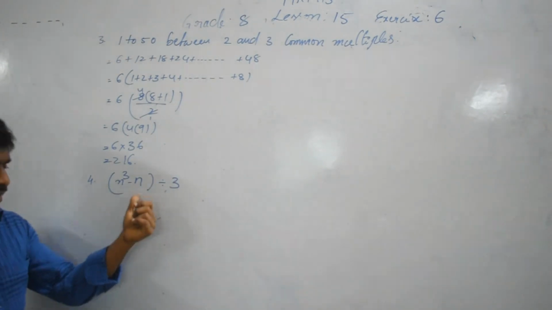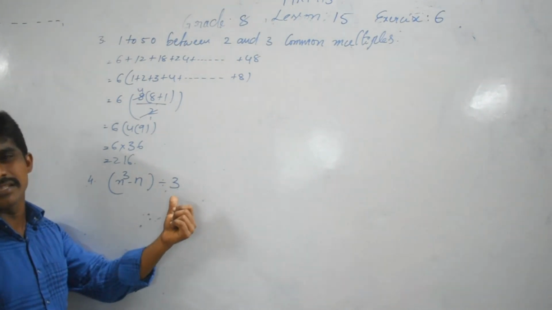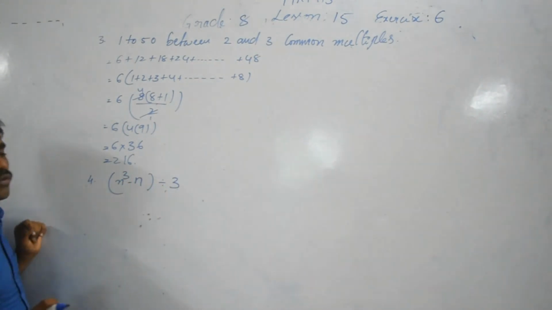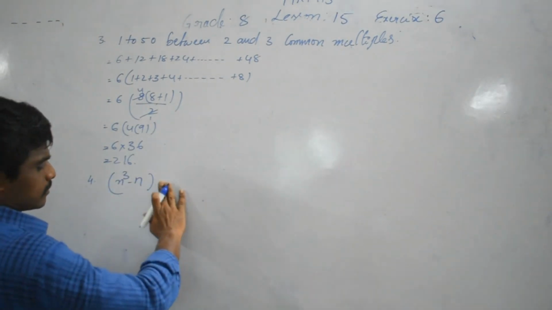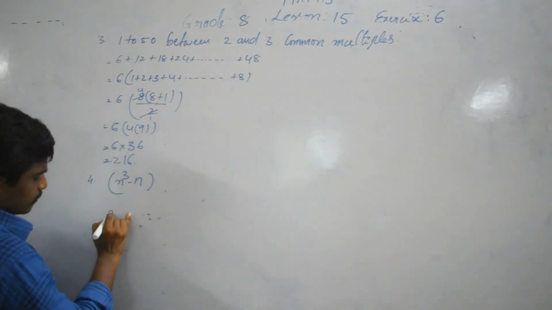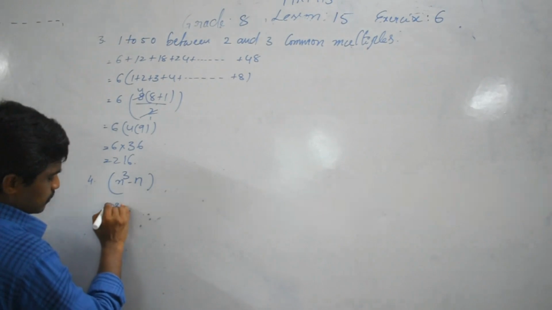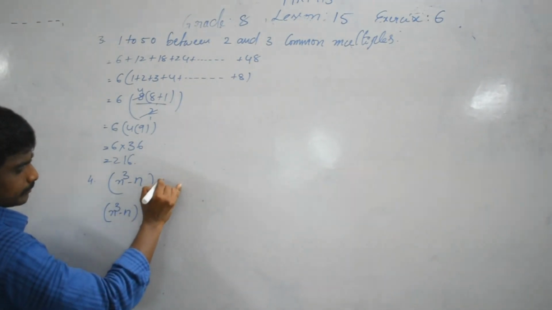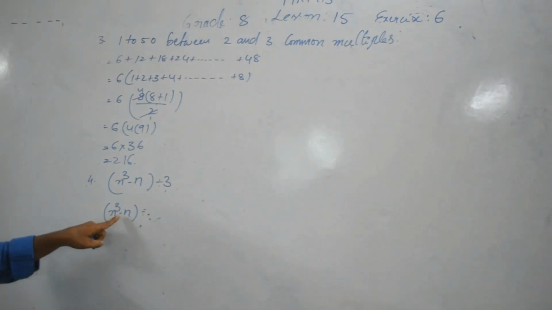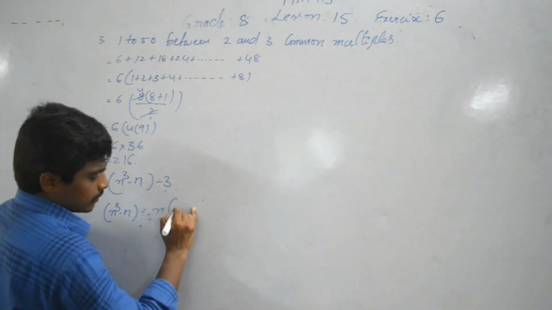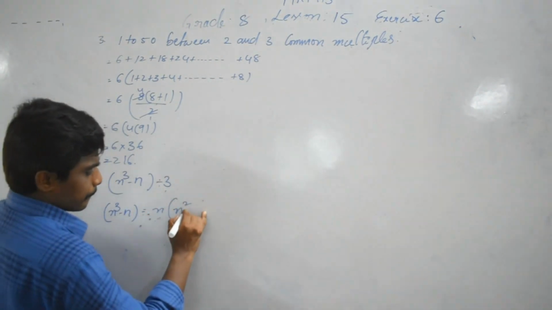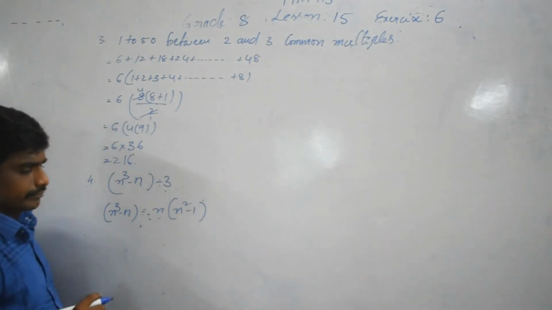So this number is surely divisible by 3. How to explain? Here, what is common in both? In n cube minus n, n is common. So we take n out, leaving n square minus 1.